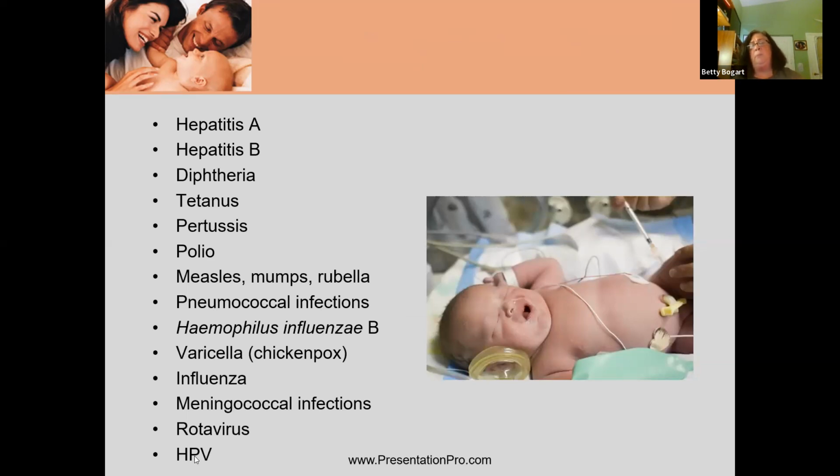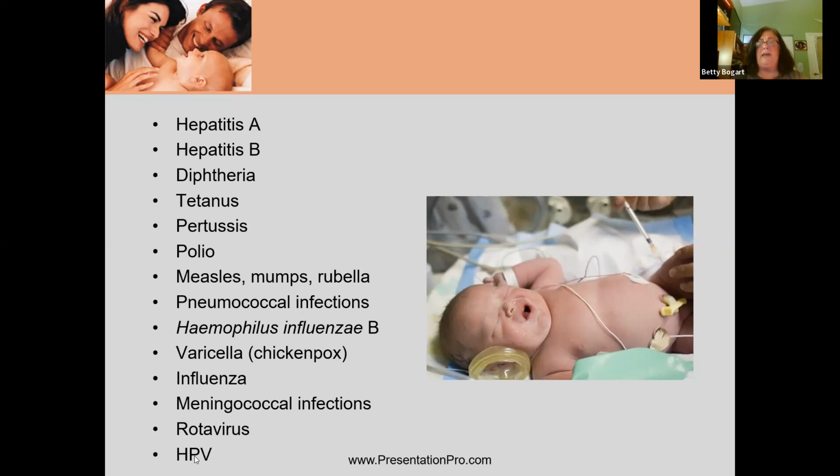Now, if you've looked at your book and you've looked at infants, you're going to see there's a whole bunch of immunizations. Well, what you need to know about immunizations is at birth, we're going to give hepatitis B. That's the first vaccination. That one you need to know. Then it's given at 2 months, 4 months, 6 months, a group of them, because we want to get that immune system built up against those really horrible diseases.